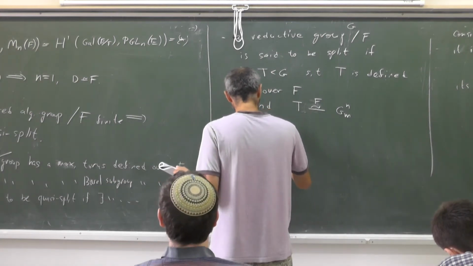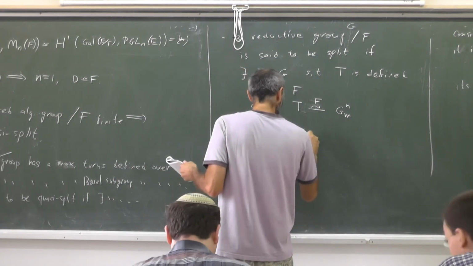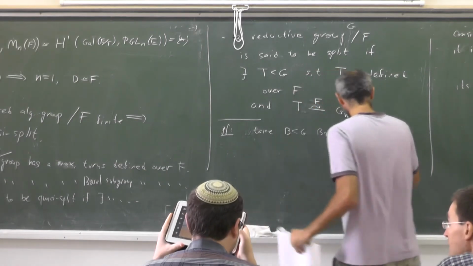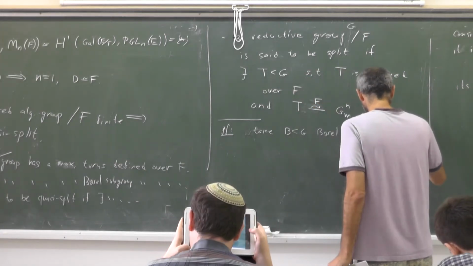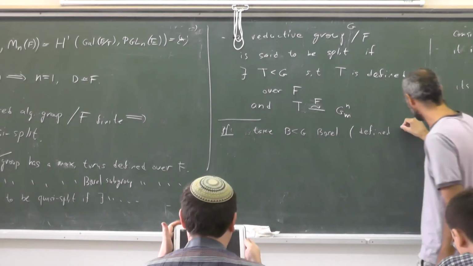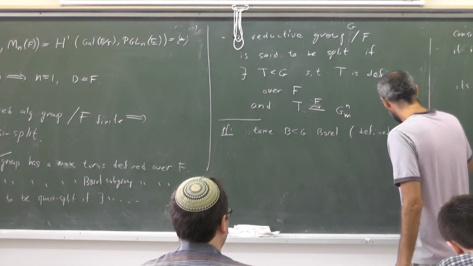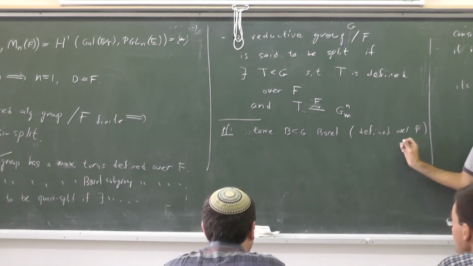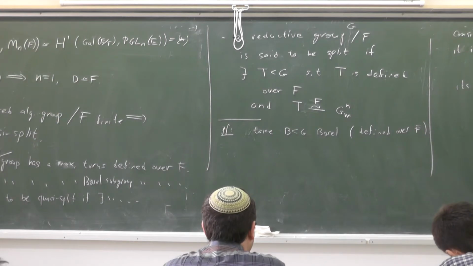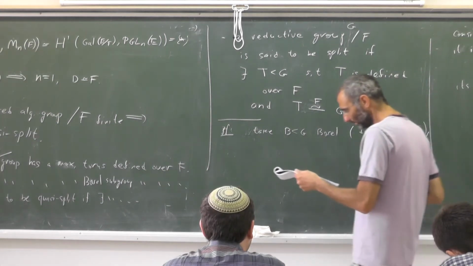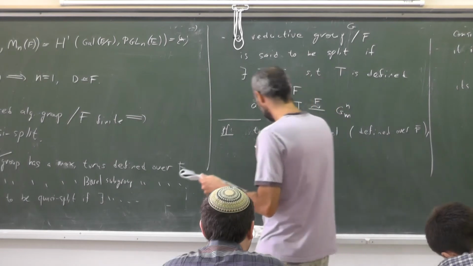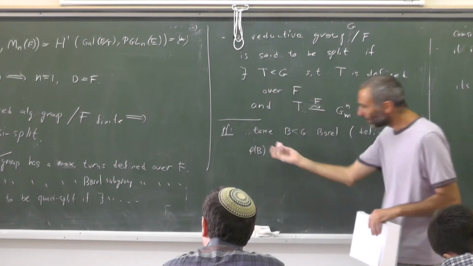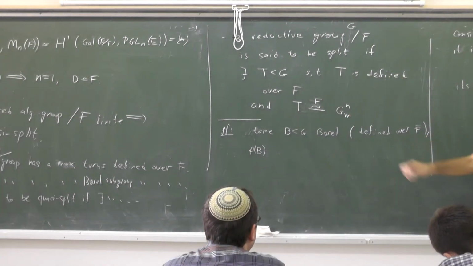So take B in G. A priori, as everything else, it is defined over F bar. So this means nothing, but it means that it's not assumed to be defined over F, of course. And phi of B, phi is the automorphism defined here.